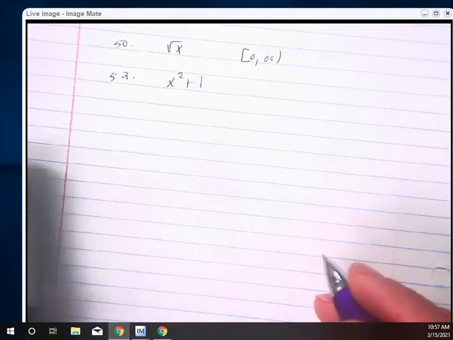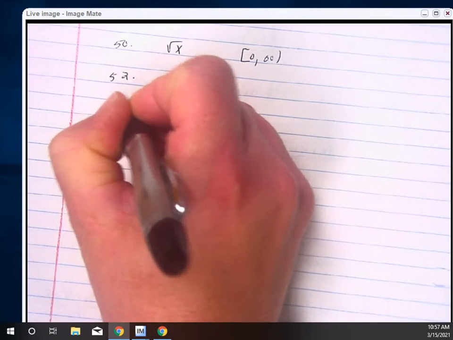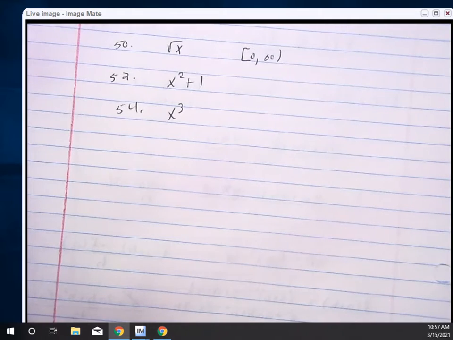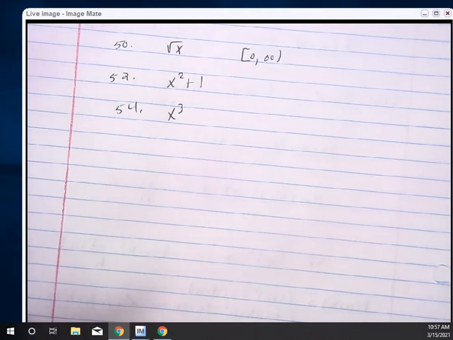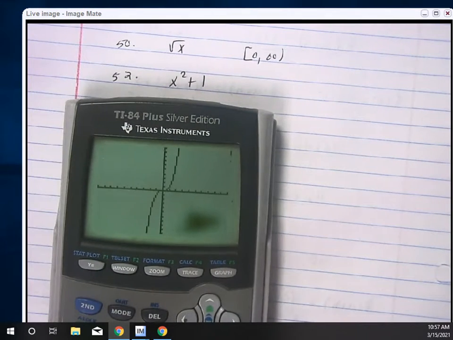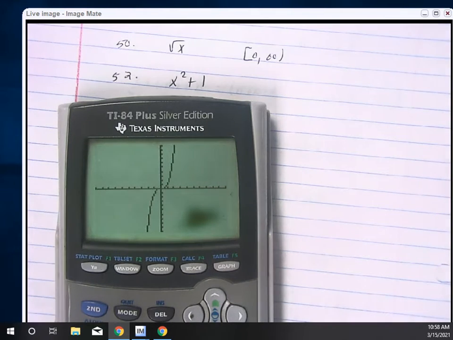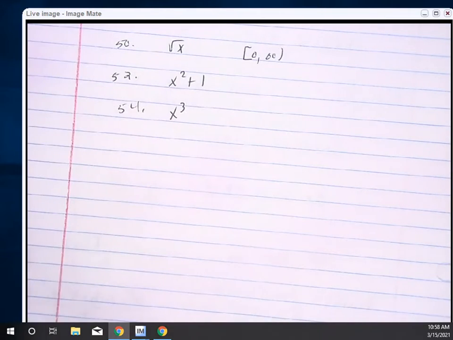Let's try the next one. X cubed. What's the domain? Yeah, negative infinity to infinity. What's the range? Yeah, negative infinity to infinity. Okay.